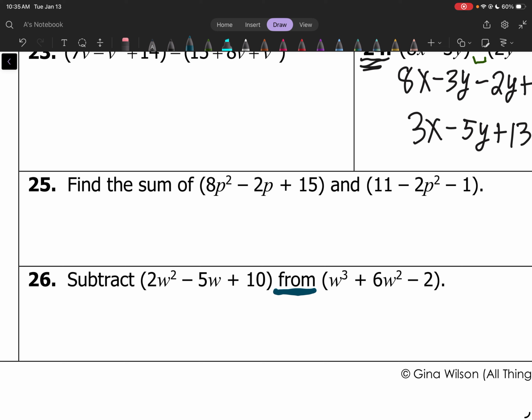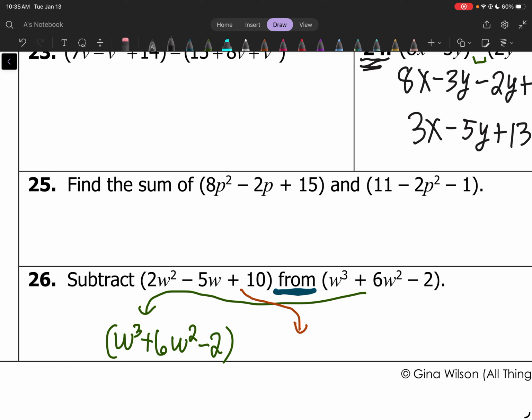If I'm subtracting the first one from the second one, I'm going to put this in the first position, w cubed plus 6w squared minus 2, and I'm going to put the first term in my second position, minus 2w squared minus 5w plus 10.